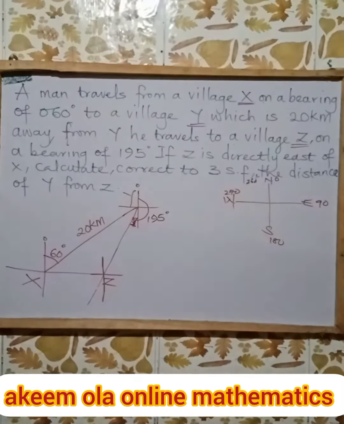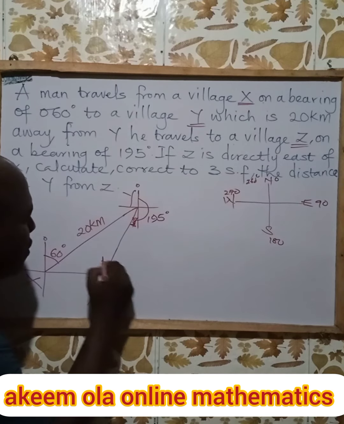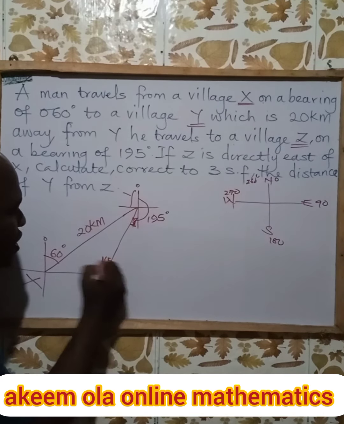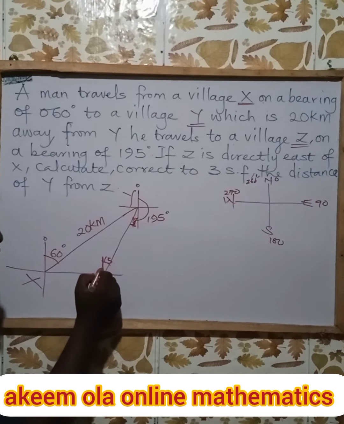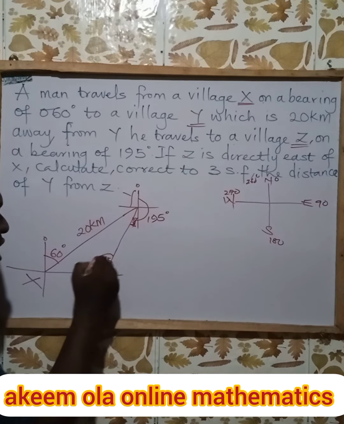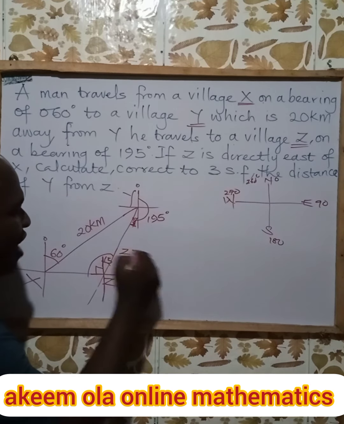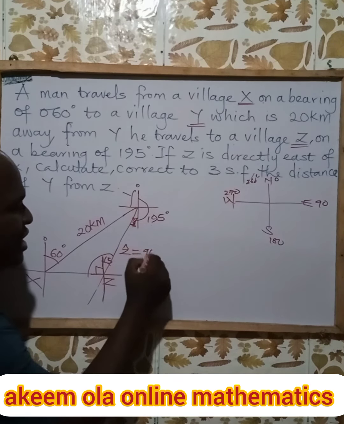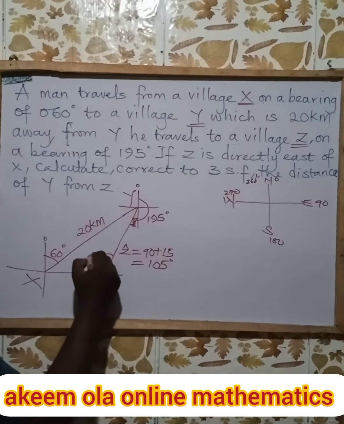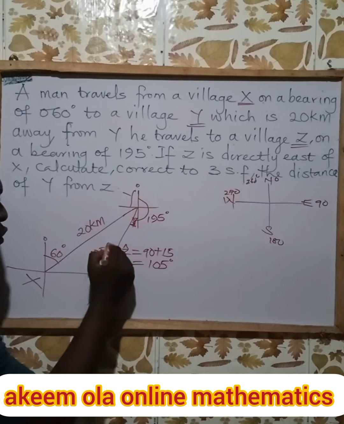Now we have here to be 195 minus 180, which is 15. But if you look at this place, you will notice that this angle here is 90. So for us to get angle Z, it will be 90 plus 15, and that will automatically give us 105 degrees. So this angle here is 105 degrees.